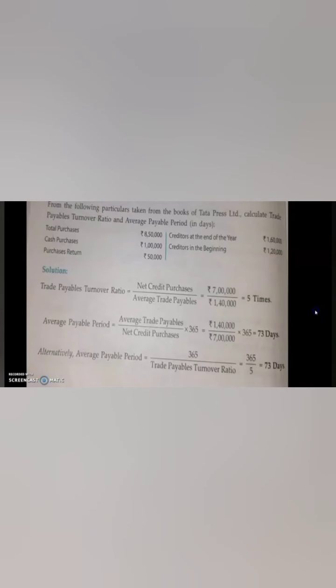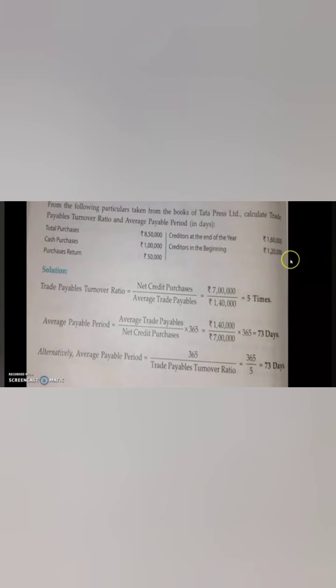So how well we are managing and making the payments of these trade payables, to know that efficiency, this ratio is very useful. Now let us move to one problem.